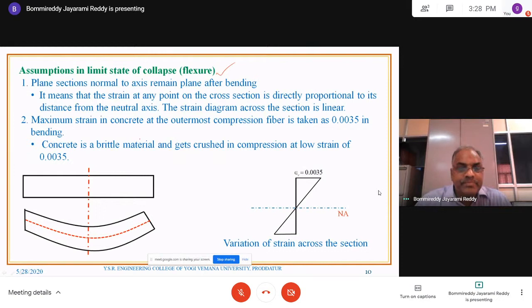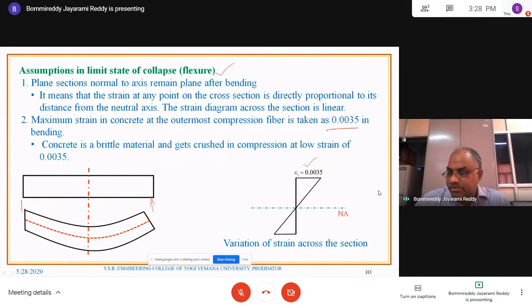Number 2, maximum strain in concrete at the outermost compression fiber is taken as 0.0035 in bending. So you can look at here, strain in concrete, assume that it is simply supported.